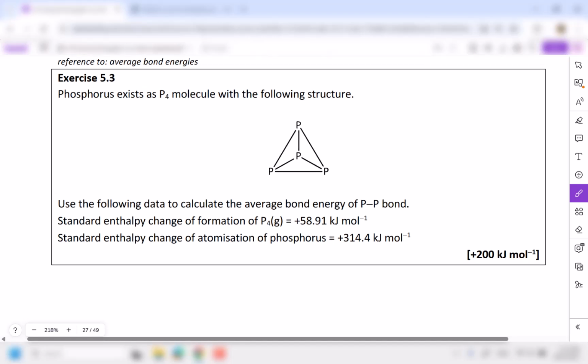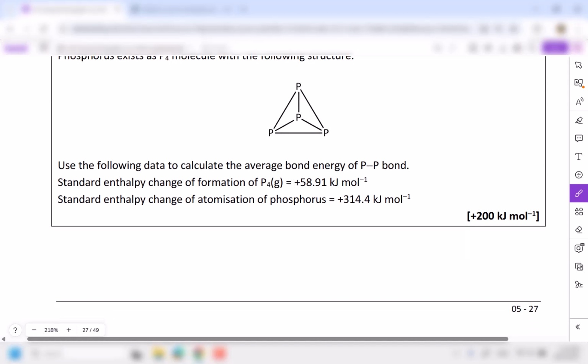Phosphorus exists as P4, and they ask you to use the following data to calculate the average bond energy of P-P. You are given the standard enthalpy change of formation for P4 gas to be 58.91 kilojoules per mole, and the enthalpy of atomization for phosphorus is 314.4.